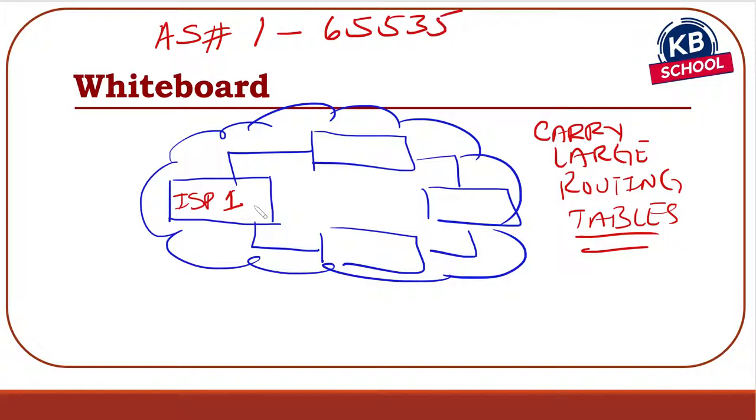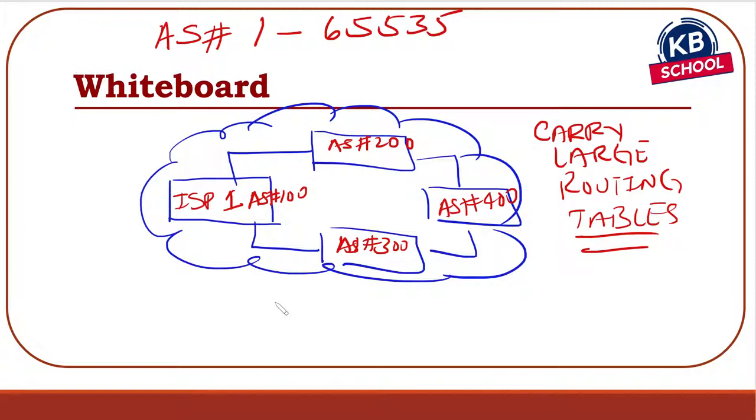So for example, ISP1 would have, let's say, to keep things simple, AS100. Another ISP has AS200, AS300. The purpose of BGP is to connect these different ISPs, different autonomous systems, to each other. That's the predominant use of BGP.